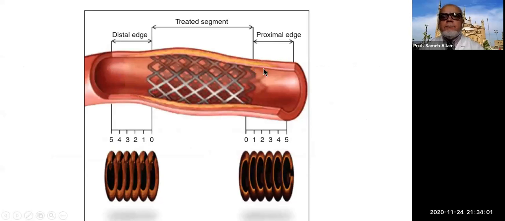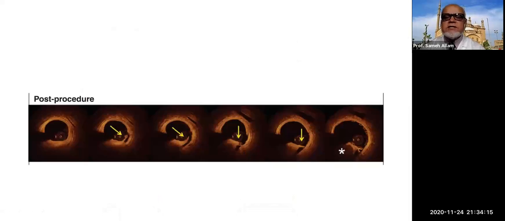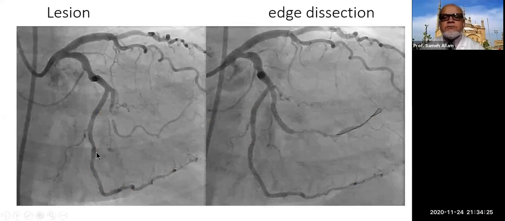If you look at the proximal edge and the distal edge of the stent, the distal edge of the stent may cause dissection in this area, so we have to be very careful in observing the distal edge of the stent, as dissection at the edge of the stent frequently occurs and might precipitate thrombus formation. You can see a tight lesion here in the obtuse marginal branch.